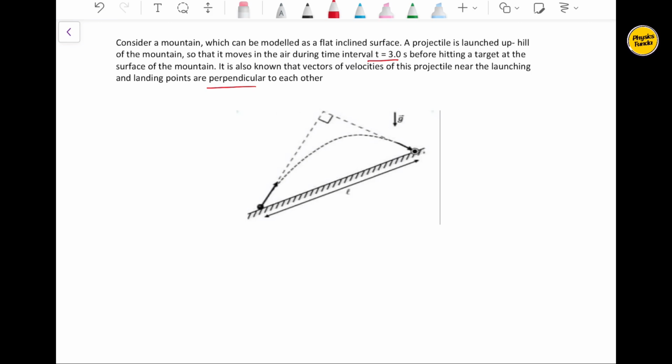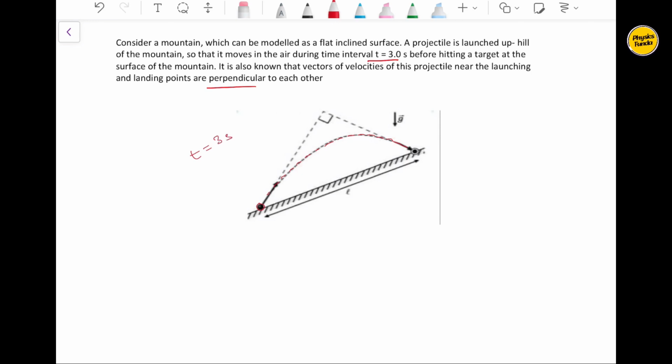The mountain hill can be assumed to be an inclined surface, as we can see, right? And the ball is projected up the hill of the mountain so that it is in the air during the time interval t of 3 seconds. So this ball, when projected up, moves in a projectile motion and it takes 3 seconds, right?